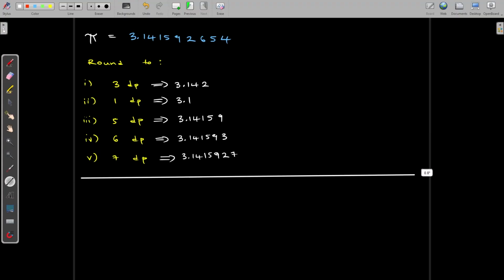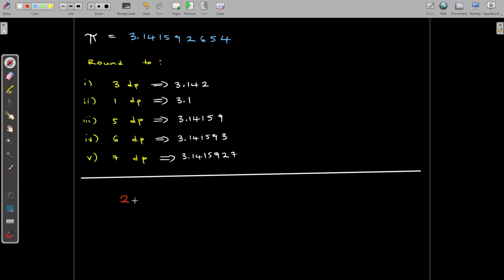What about this? Let's say we had the number 2.69897. Let's put another 9 for good measure. And let's say the examiner wanted us to give them 2 decimal places.